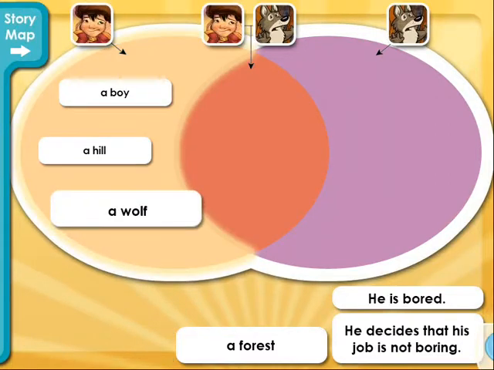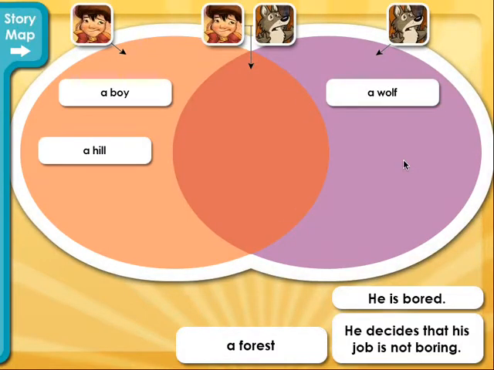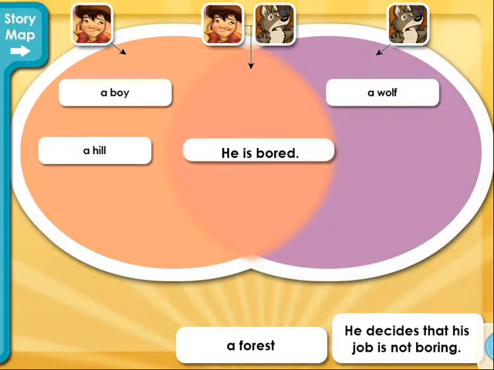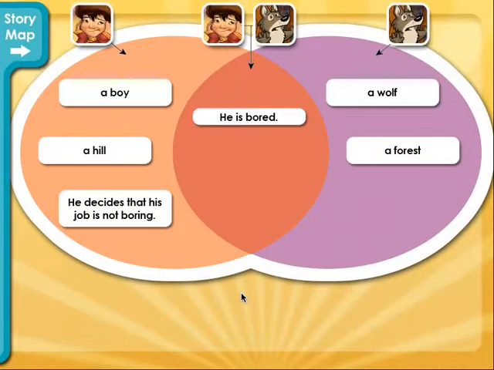The Boy Who Cried Wolf. Uh-oh, check your notes if you need to and try again. The Wolf Who Cried Boy. He is bored. The Boy Who Cried Wolf and the Wolf Who Cried Boy. Terrific! You really know how to compare and contrast.